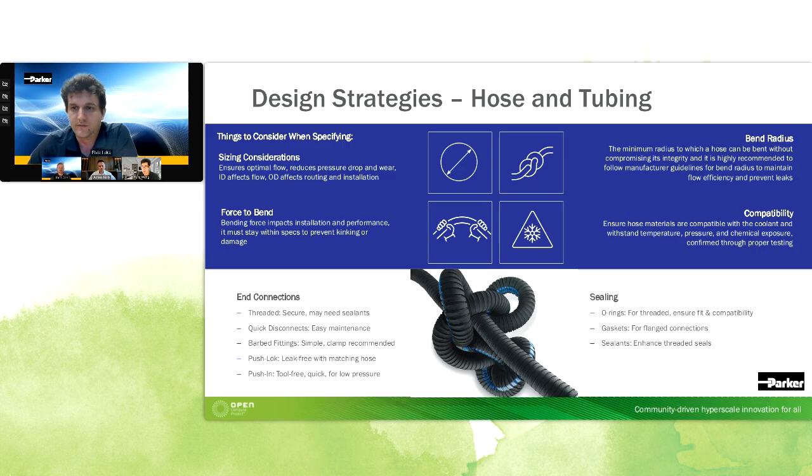Another thing to focus on when you're looking at trying to pick which hose you're going to pick for which application, you're going to be looking at these two categories that are very intertwined together, and that is the force to bend and your bend radius. You got to make sure that the hose or the tubing you are picking can be easily routed and will serve the purpose of what you're trying to accomplish.